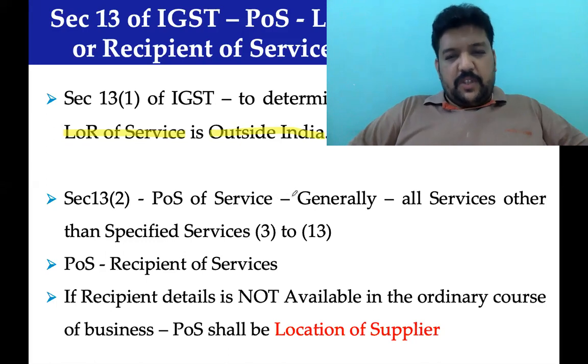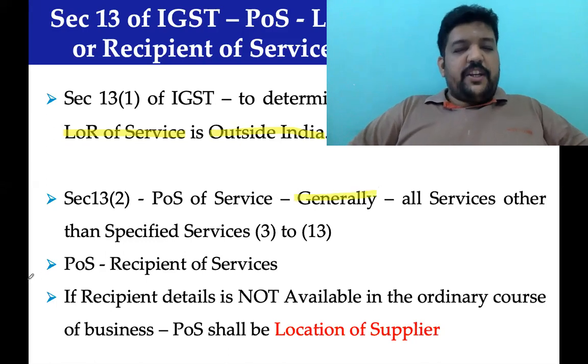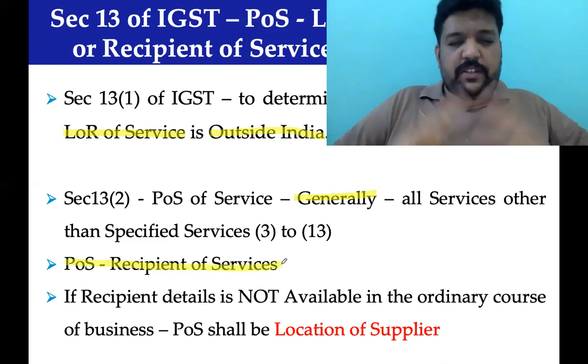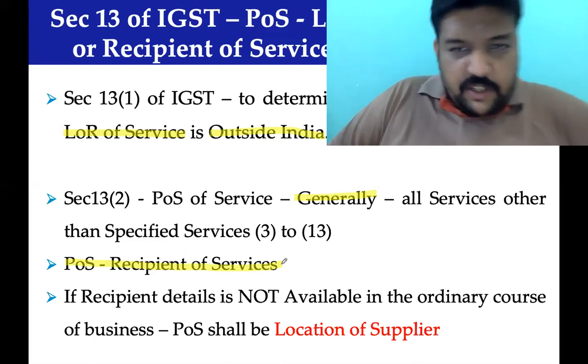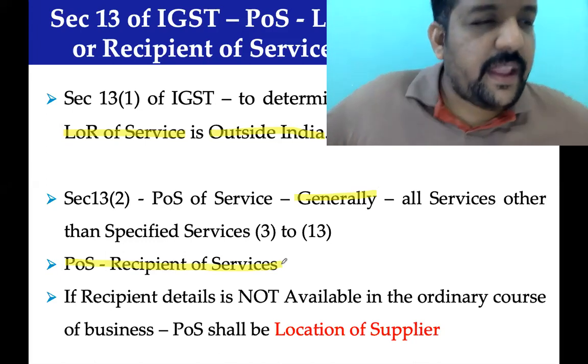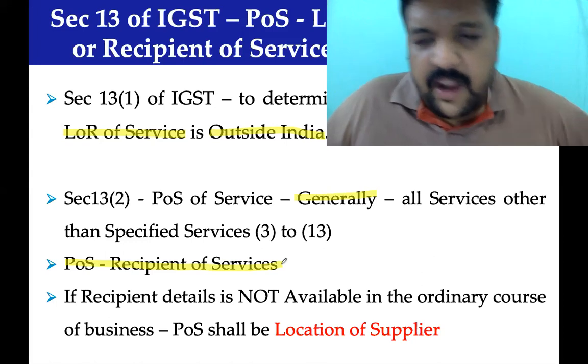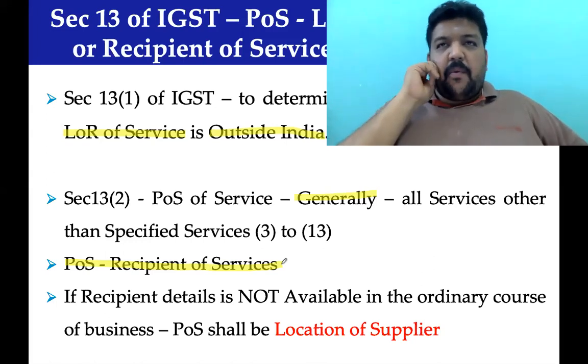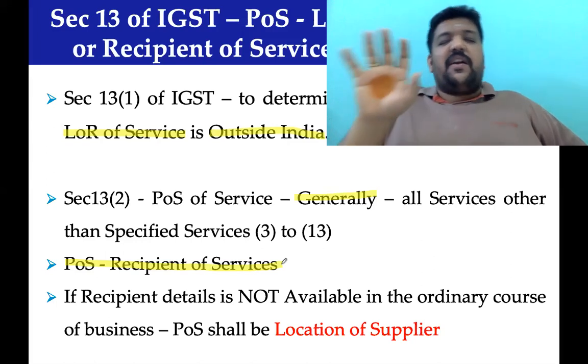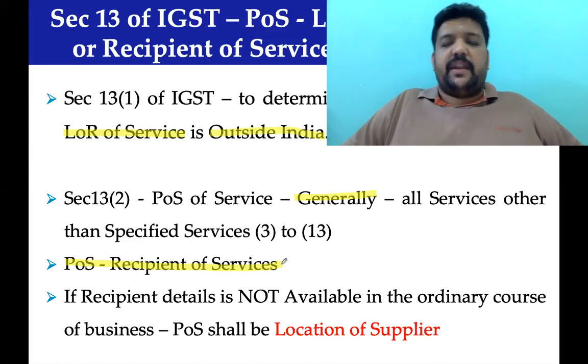Generally, location of recipient is going to be place of supply of service. Location of recipient of service is going to be place of supply when all those services are other than those covered in services 3 to 13.